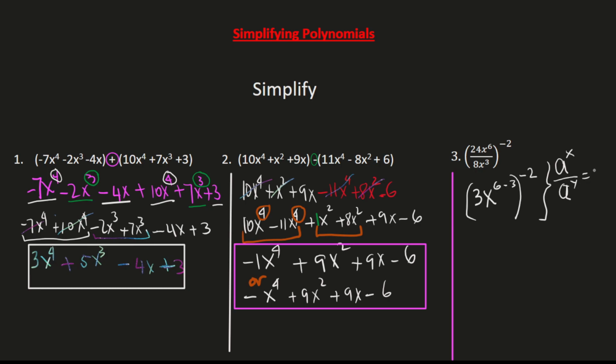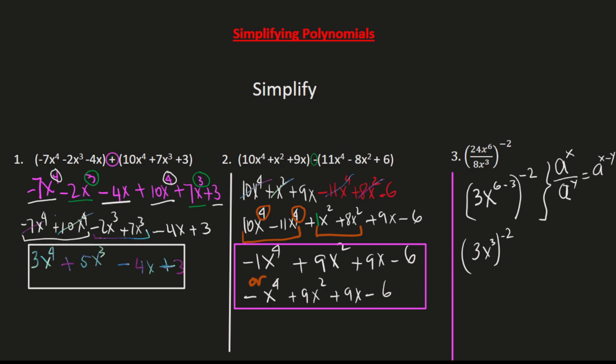This is equal to a to the x minus y. In this case, a is x. That's the same a at the bottom, which is the same x. That's division. So it's equal to a to the x minus y. So x is on top, which is 6 minus 3. So we can rewrite this, because 6 minus 3 is equal to 3, as 3x cubed raised to the negative 2 power.